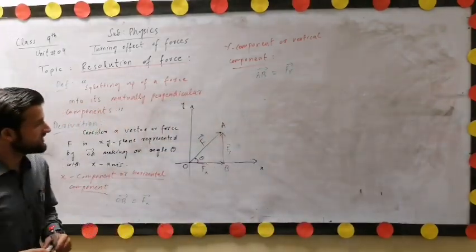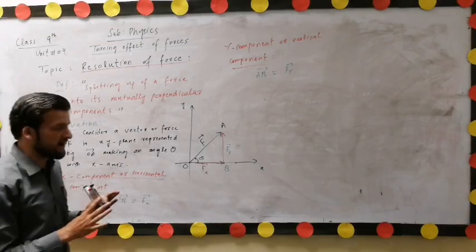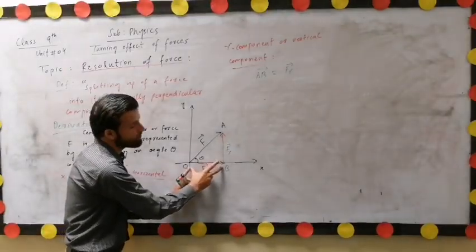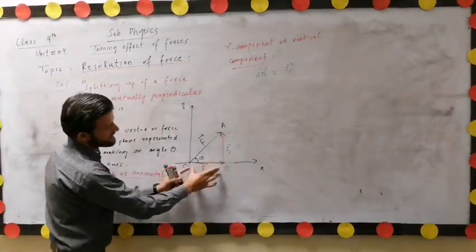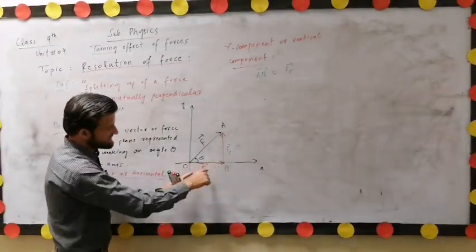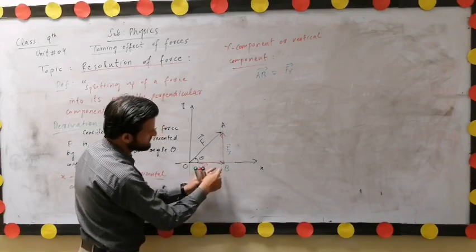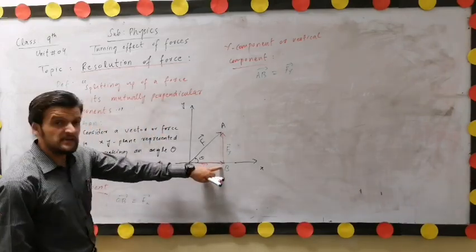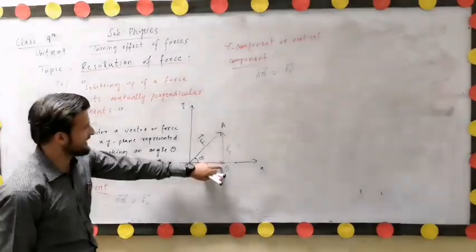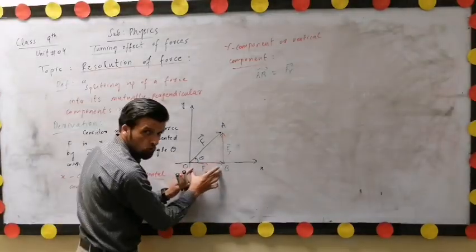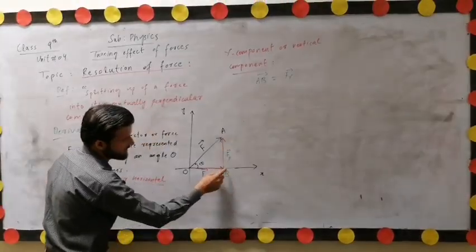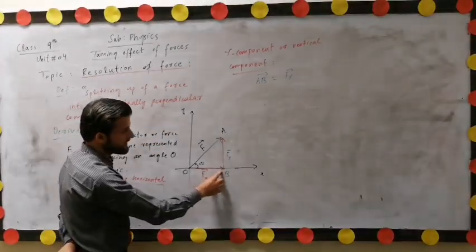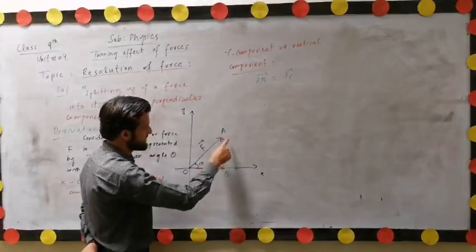From the figure, according to the head to tail rule, vector OB and vector AB are added: the head of the vector OB is joined with the tail of the vector AB.